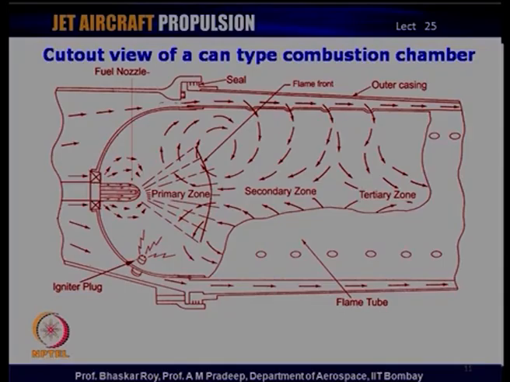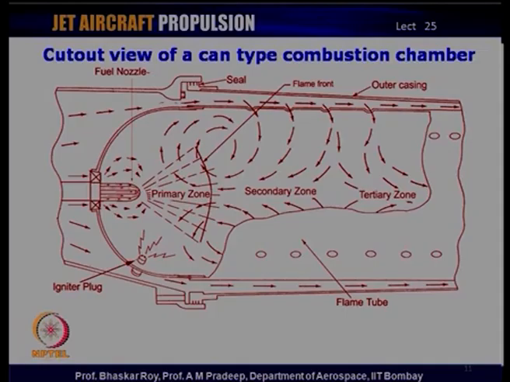And in this zone, you have this curved surface over here, which is called the flame front. As we discussed in the last class, this flame front is where the flame is burning and the heat is being released. So, in the primary zone, from here to here, you have a uniform mixture of air and fuel that is burning, moving through the flame front, and the heat is being released.